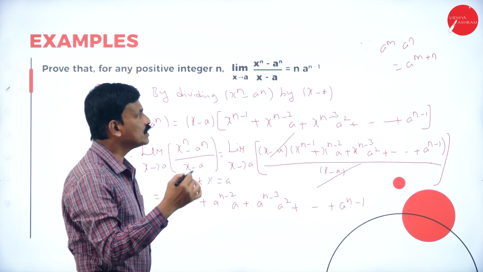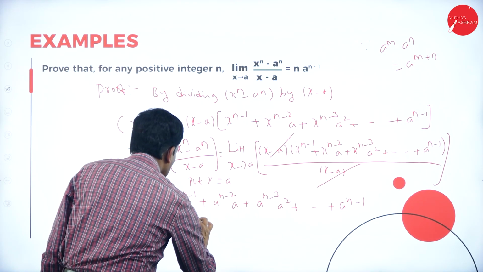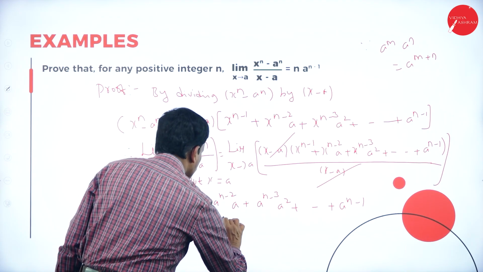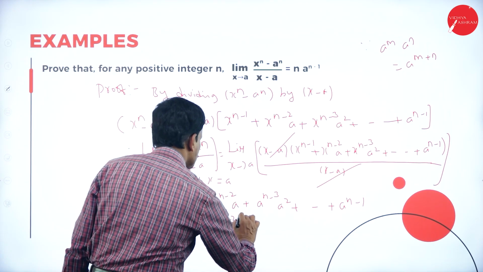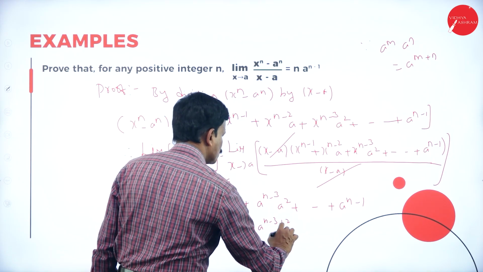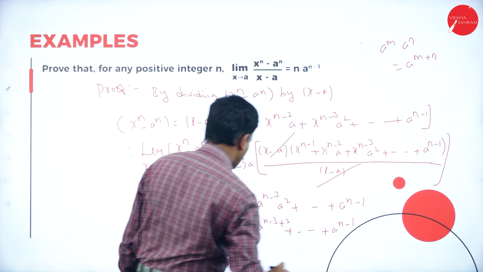This can be written as a raised to n minus 1. Here this is a to the power of n minus 2, this is a raised to 1, so plus 1. a to the power of n minus 3 plus 2, plus etc. The last term is a to the power of n minus 1.